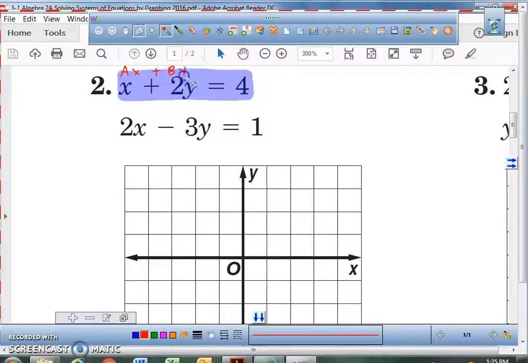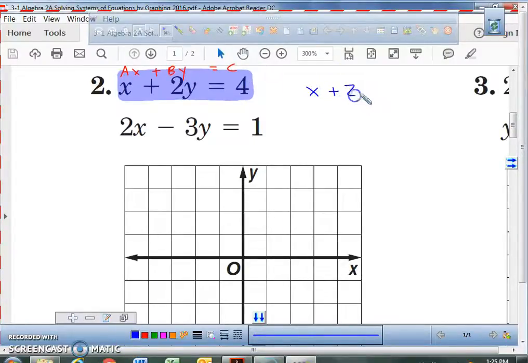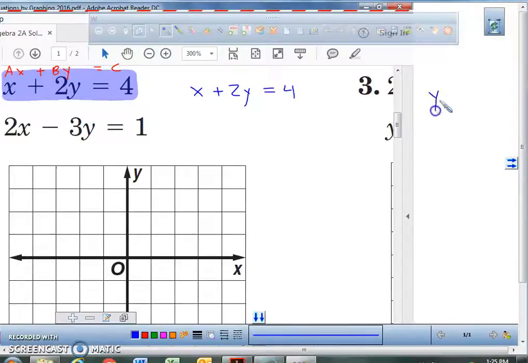So right here, this is in standard form, which means if I have x plus 2y equals 4, and I wanted to change this to y equals mx plus b, you could simply solve for y.